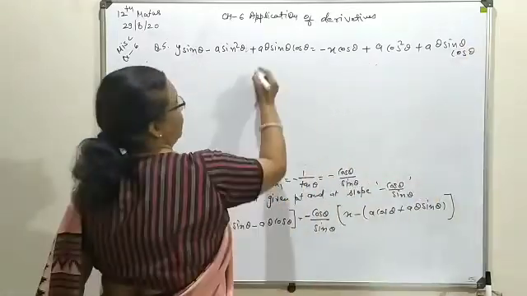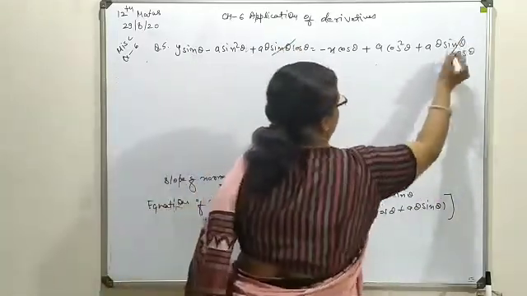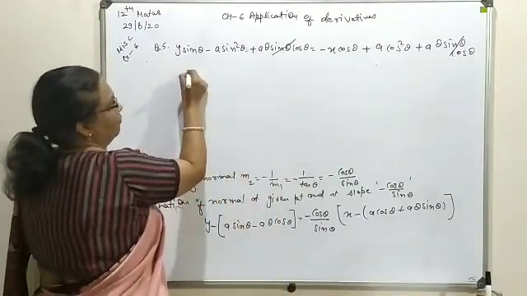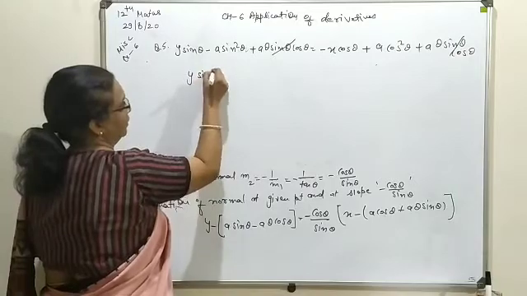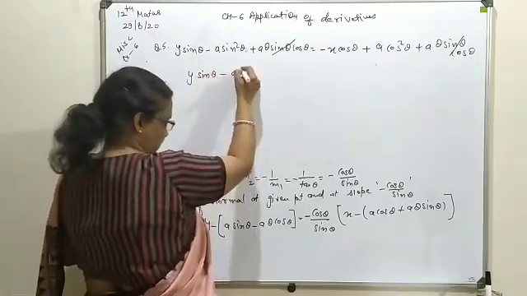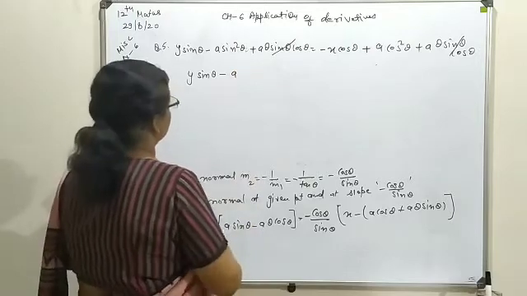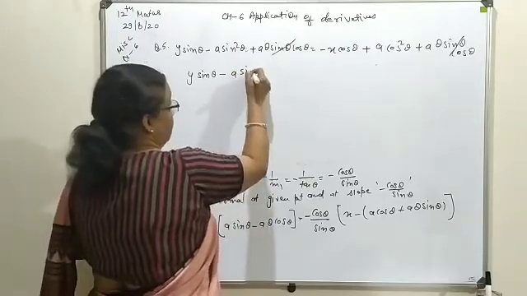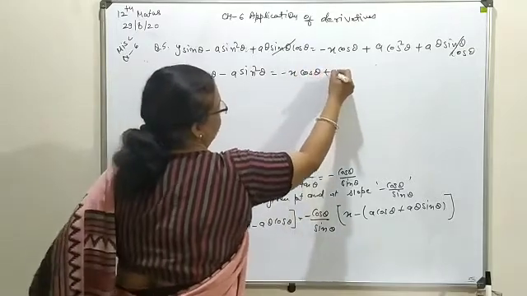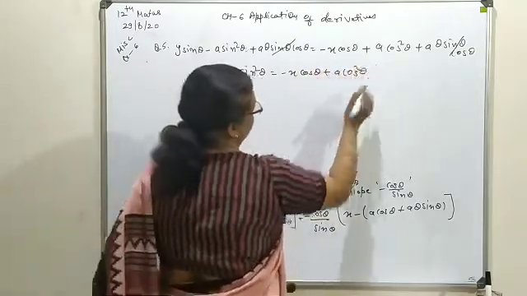Now here you can see a theta cos theta, a theta sin theta cut. Now rewrite the remaining combinations. y sin of theta minus a sin square theta minus x cos of theta plus a cos square theta.